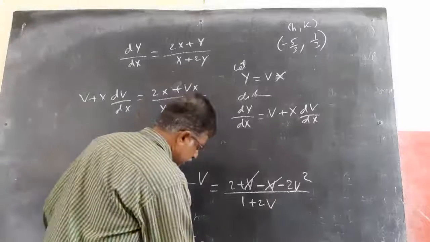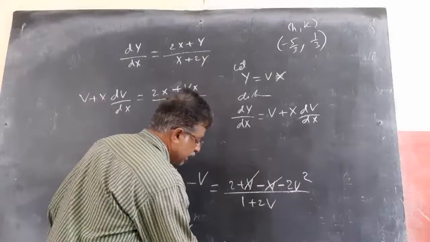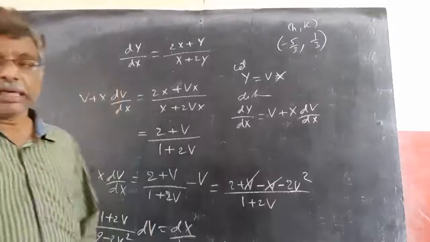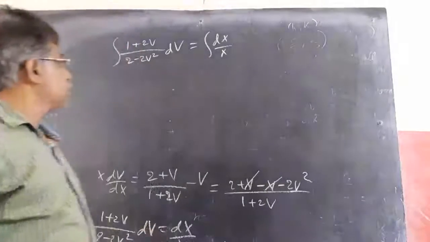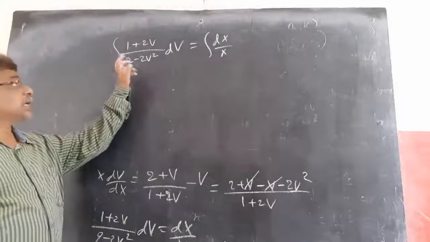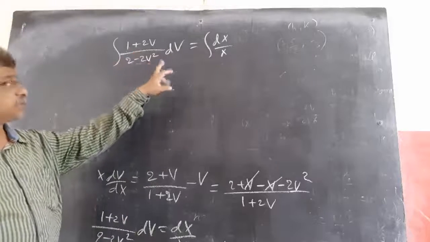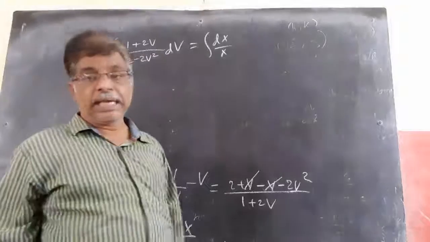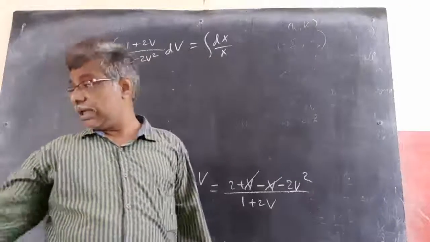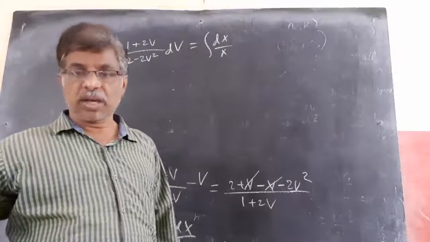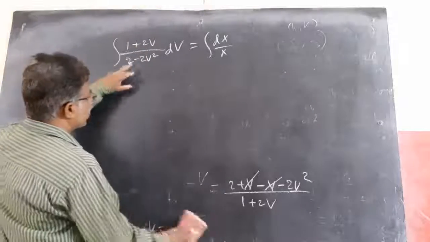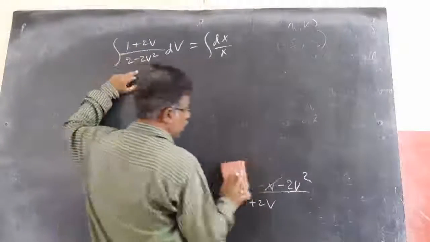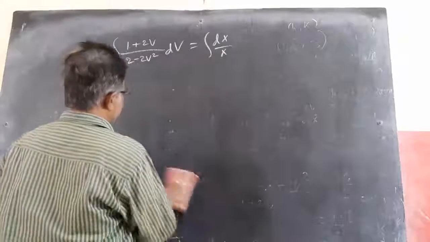Now integrating on both sides, it becomes the integral of (1 plus 2v) by (2 minus 2v square) dv equal to the integral of dx by x. Now you know how to integrate f dash x by fx.